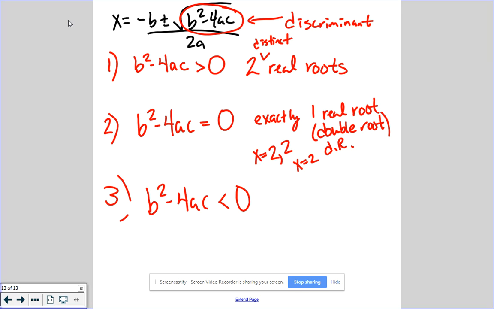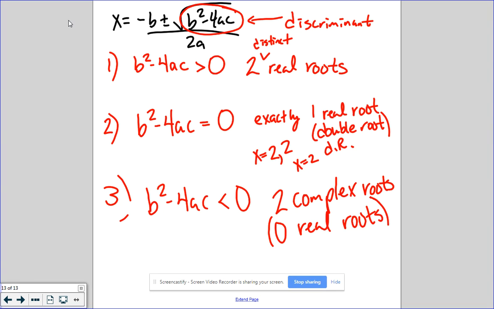So if my discriminant is negative, that tells me I have two complex roots. What does complex mean again? They have an i in the answer. Another way of writing that: if the question asks how many real roots you have, and they're both complex, that means you have no real roots.